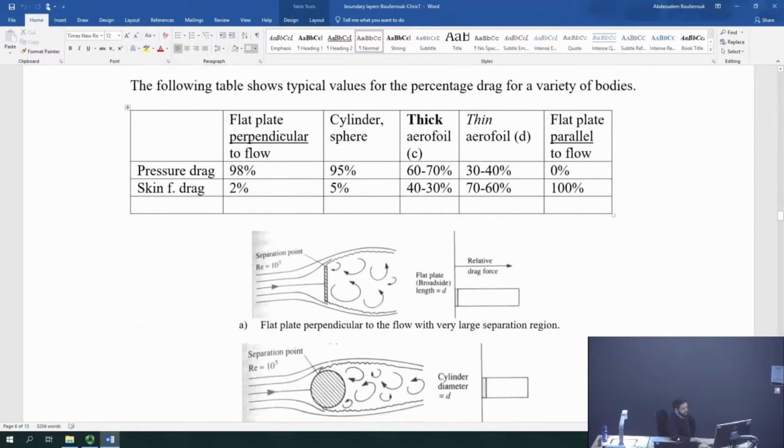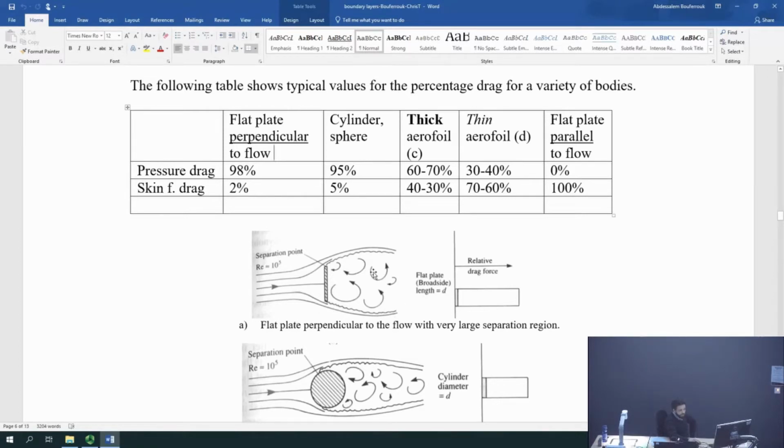So, flat plate perpendicular to the flow. A flat plate is a very thin plate, extremely thin compared to the size of the plate itself. If you place that vertically to an incoming flow, what you will find is the whole flow actually separates at both ends, and you get a large wake with, as you can see, a lot of eddies behind it.